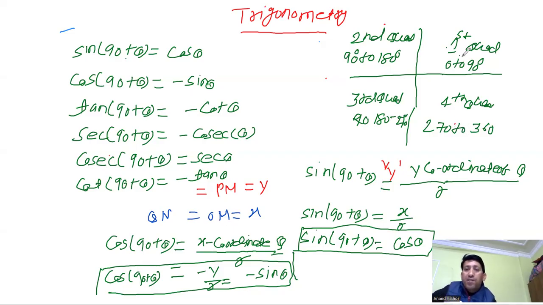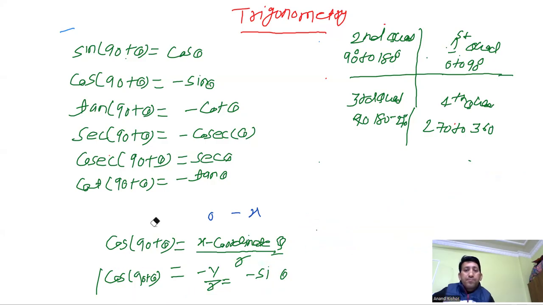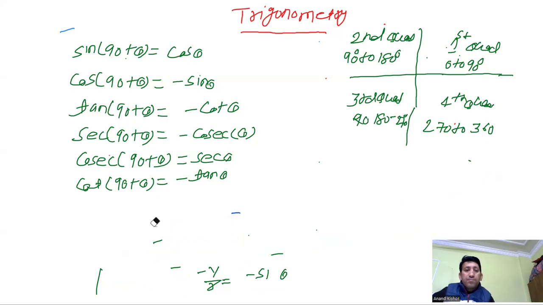Okay. Now in the first quadrant, all trigonometrical ratios are positive. First, I will erase this. Now, in the first quadrant, again we are drawing this.